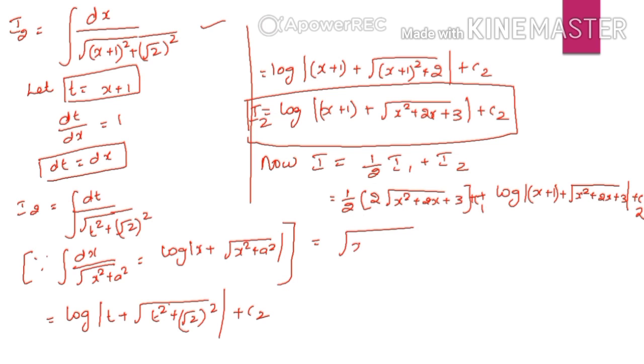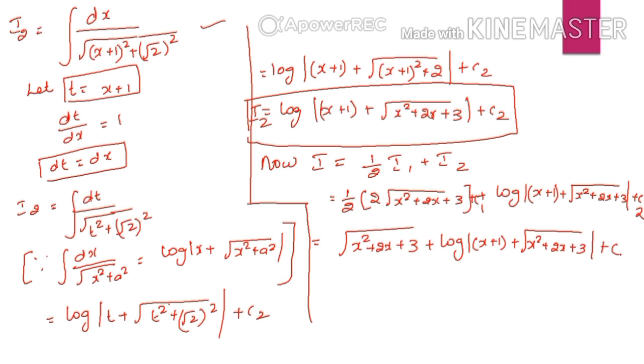That is, 1 by 2 c1 and c2, when we add both values we get c only. So this 2 and 2 get cancelled. Square root of x square plus 2x plus 3 plus log modulus x plus 1 plus square root of x square plus 2x plus 3 plus c, since we are writing that half c1 plus c2 is equal to c. So this is the answer.